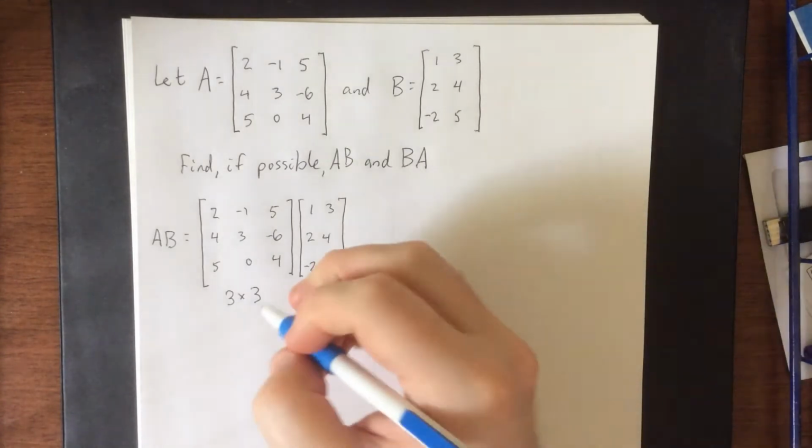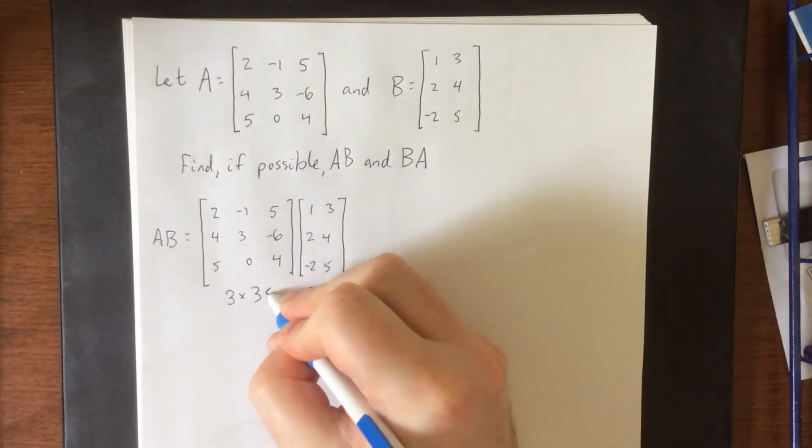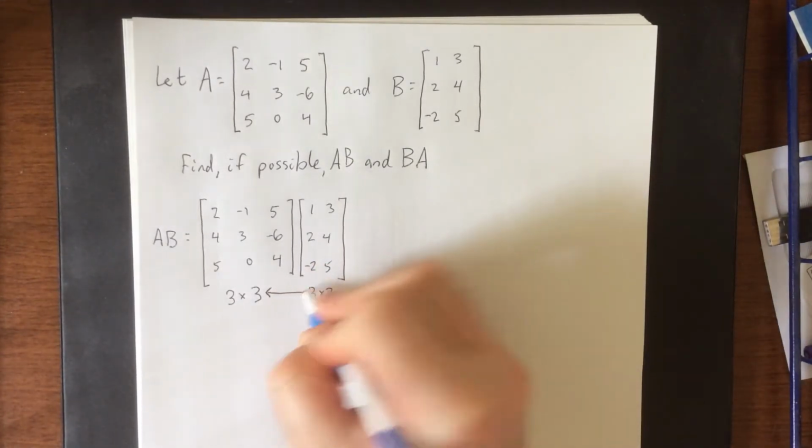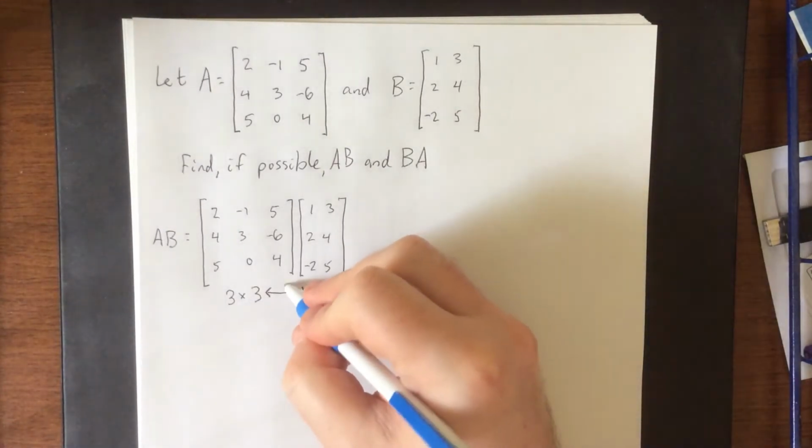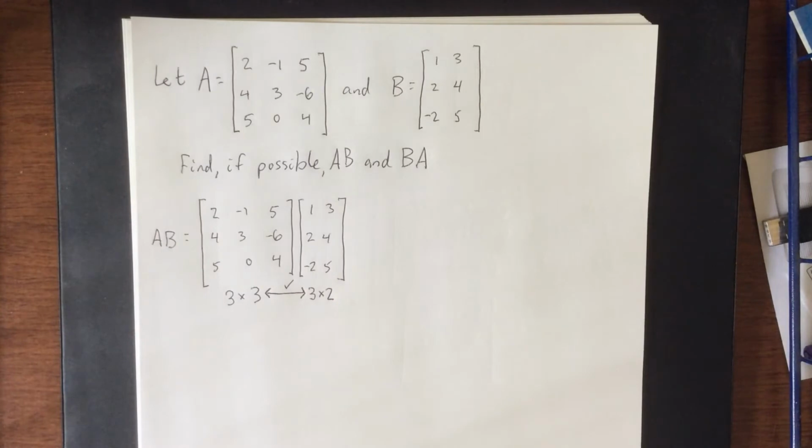Now with this in mind, we need to make sure that the number of columns of the left matrix matches the number of rows of the second matrix. If that is the case, then your matrix multiplication will be valid.